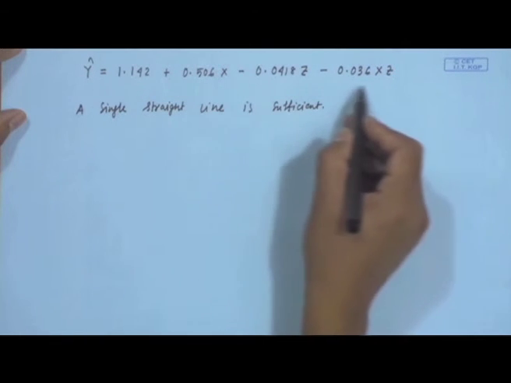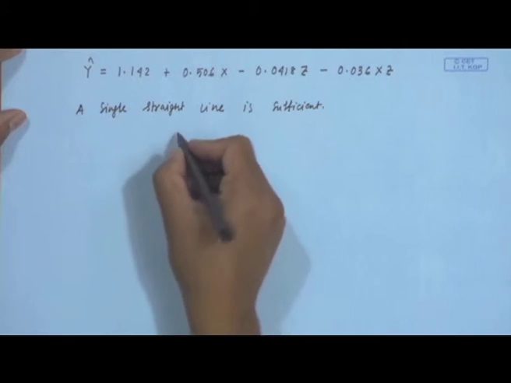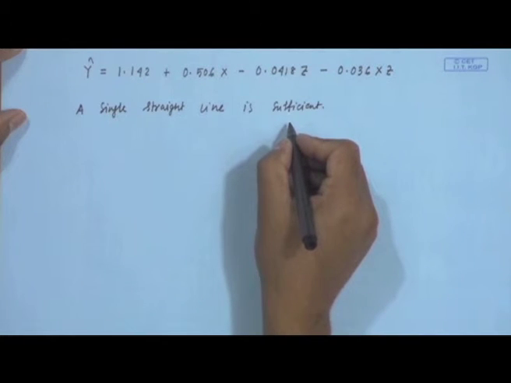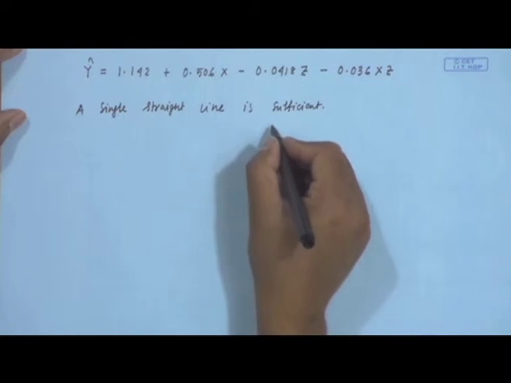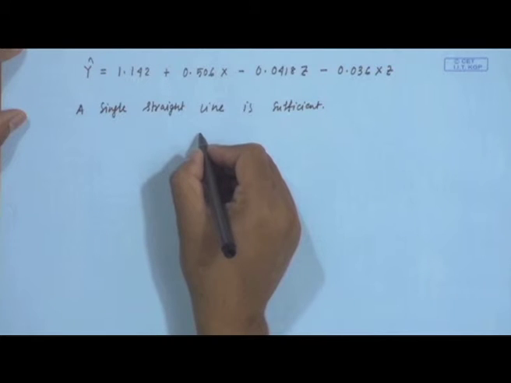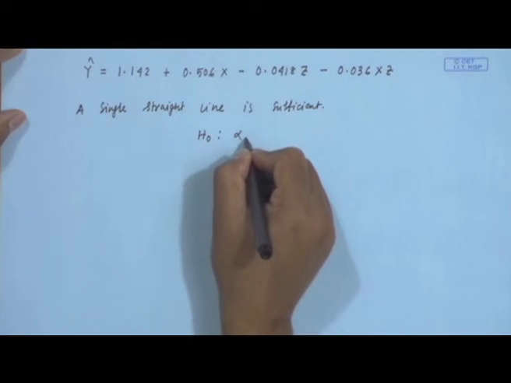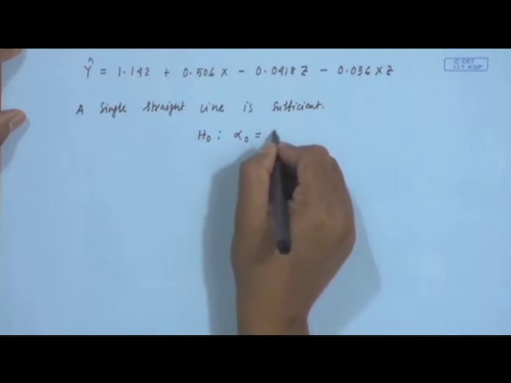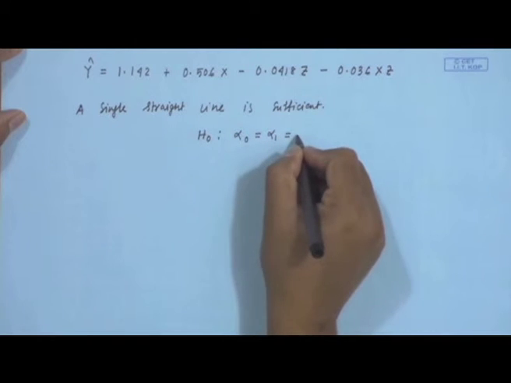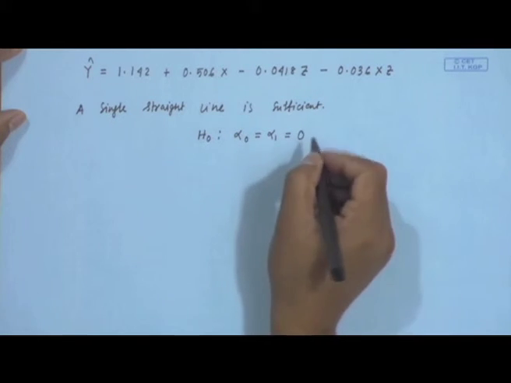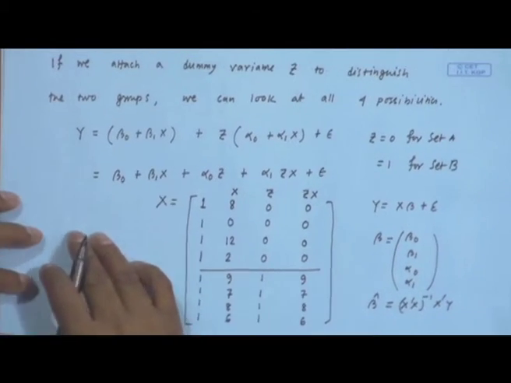We have the general model. Now, we can test whether this is okay, I mean, whether one single line is sufficient. For that, we have to test the hypothesis H naught, that alpha naught equal to alpha 1 equal to 0, okay, because we have considered the general model is this one.